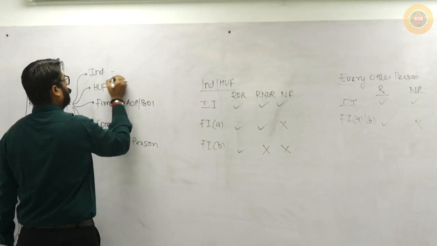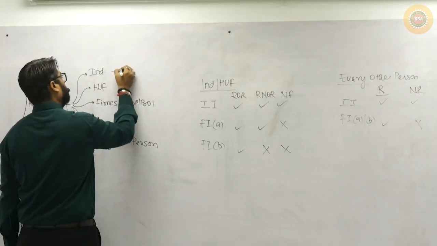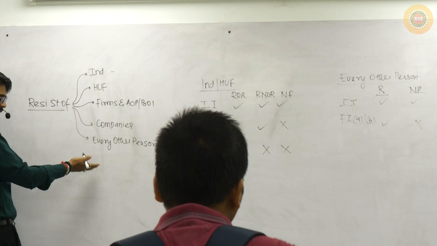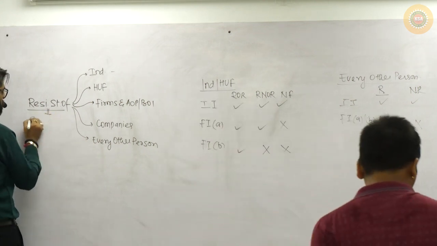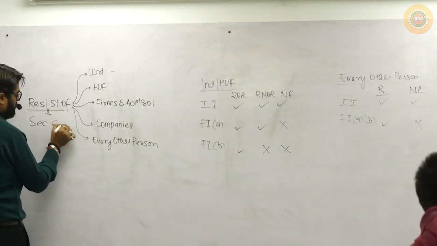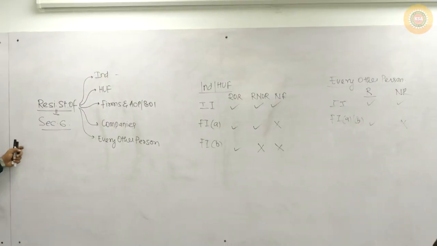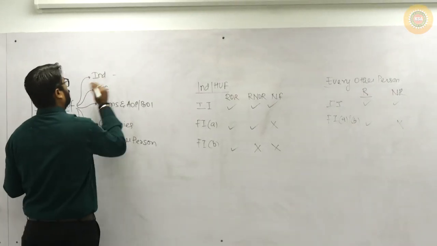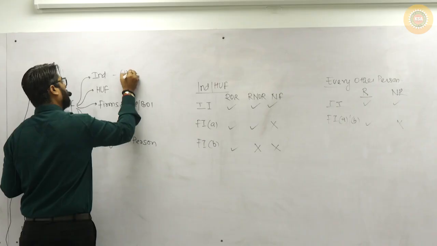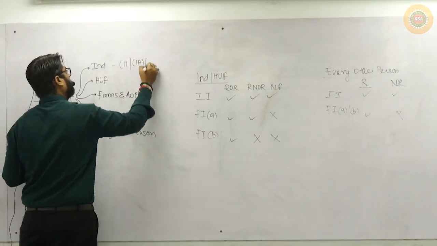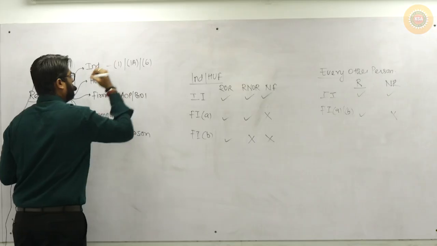So, to see the residential status of all types of persons, we are supposed to go to Section 6. Which section? Section 6. Now, in section number 6, there is subsection 1, subsection 1A, and subsection 6.